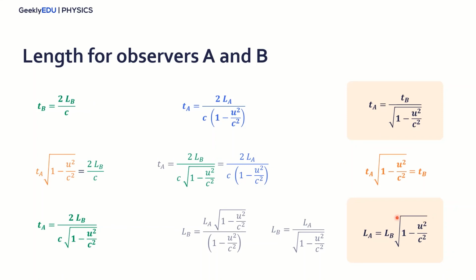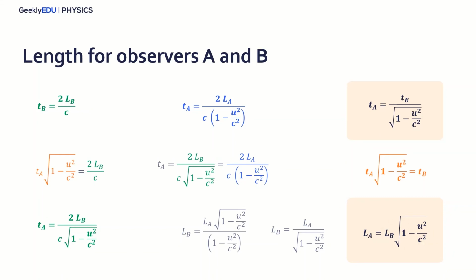So it's a number less than 1, 0 point something, times LB. So you can see now that the length of the ruler for observer A is actually shorter than the length of the ruler for observer B. We are dealing here with a length contraction.